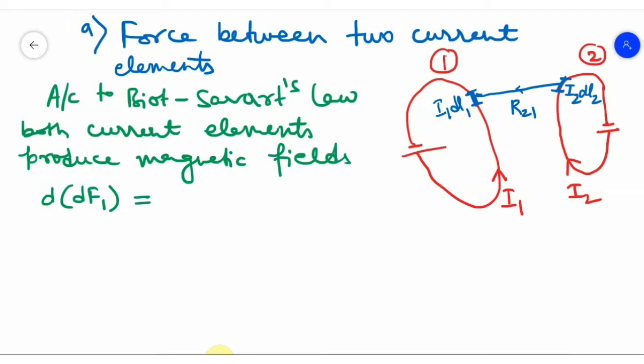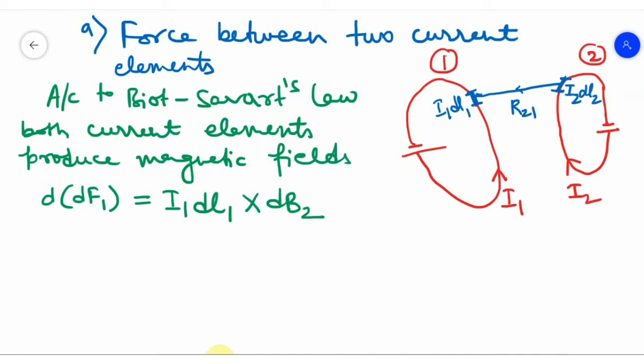So what we can write here is I1 dl1 cross dB2. Why have we written I1 dl1? Because this dF1 is the force on element I1 dl1, due to the field dB2 produced by the second element, I2 dl2. So that can be written as this, okay.